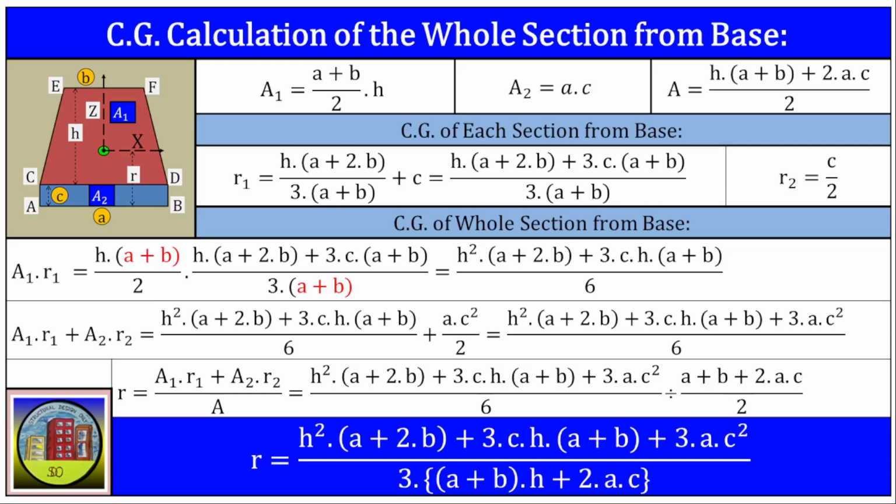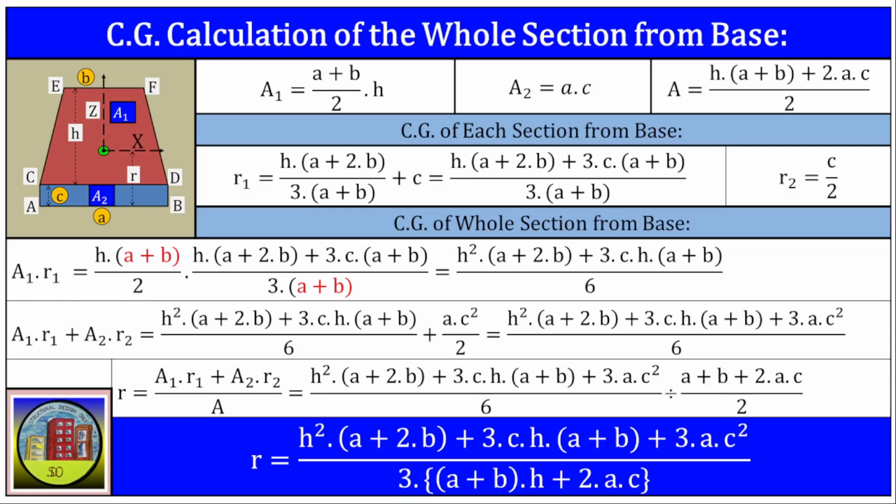Area of the trapezium, A1 equals to (a plus b) into h by 2. Area of the rectangle A2 equals to a into c. Total area, A, equals to A1 plus A2, equals to (a plus b) into h, by 2, plus a into c.